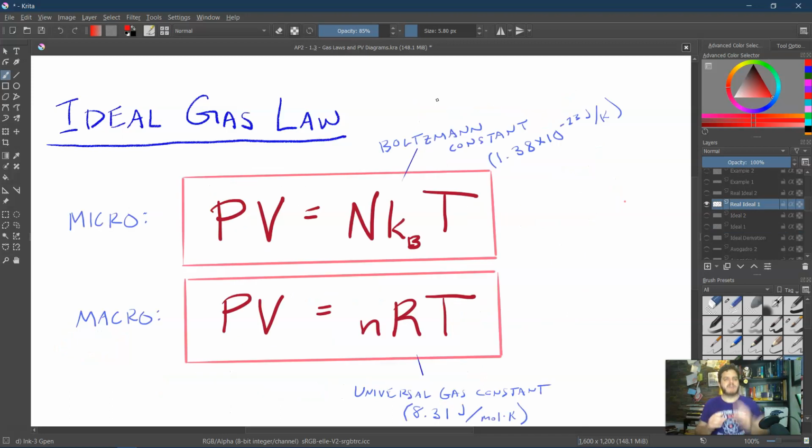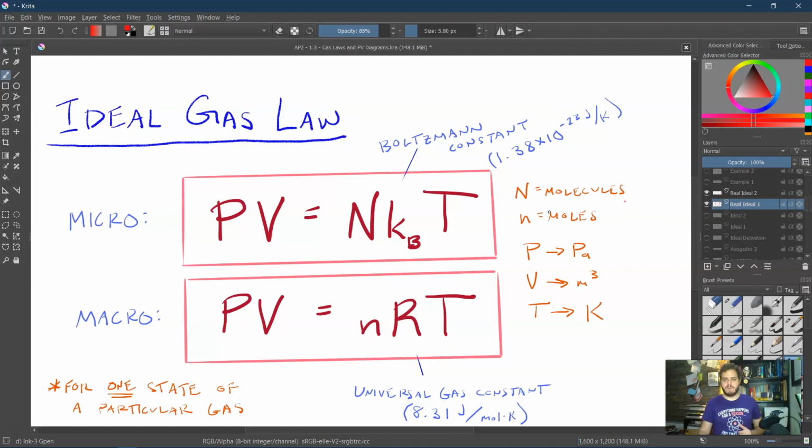So now we actually have two different forms of the ideal gas law. One that's kind of a microscopic form, where we are considering the number of molecules, and one that is a macroscopic form, where we're considering the number of moles. So for both of these, I have P the pressure in pascals, V the volume in meters cubed, and the temperature in Kelvin.